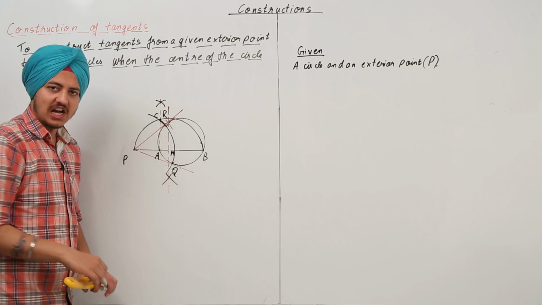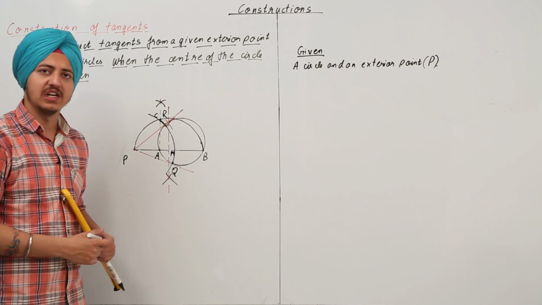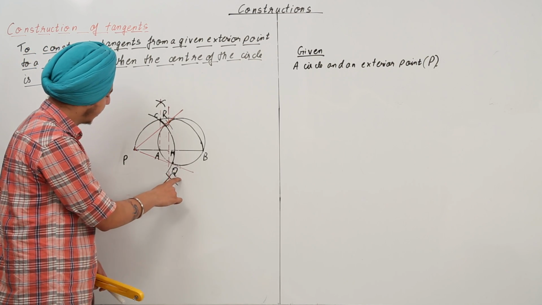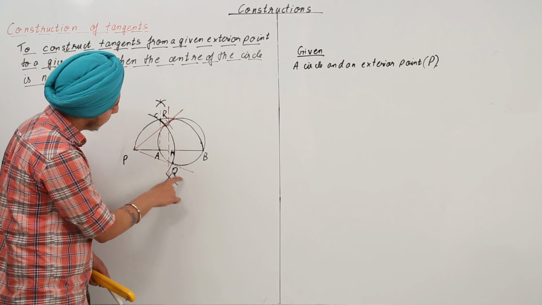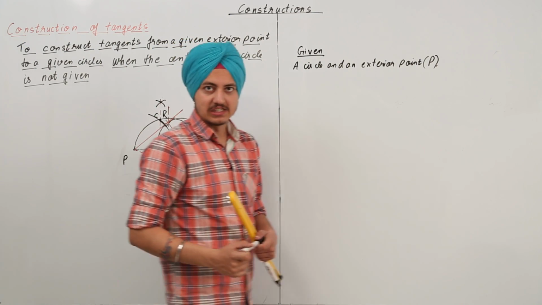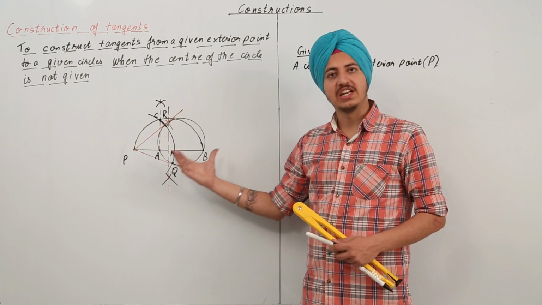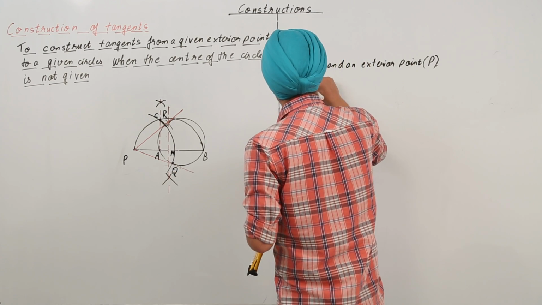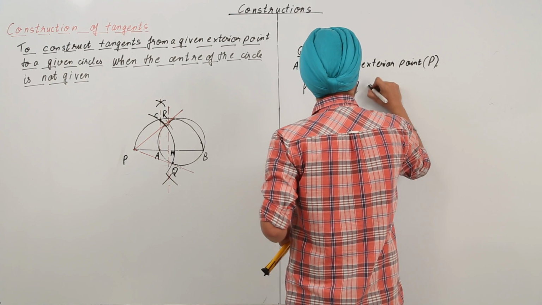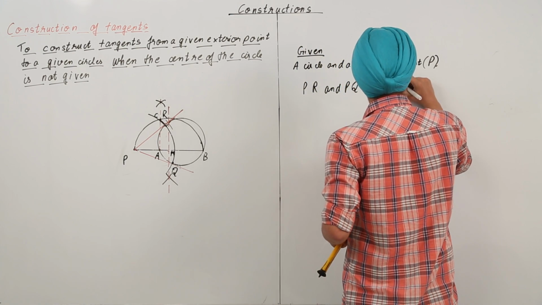These 2 points are the points where the tangents to our circle are going to meet. Name these points R and Q. Join PR and PQ and we have our tangents. PR and PQ are our tangents.